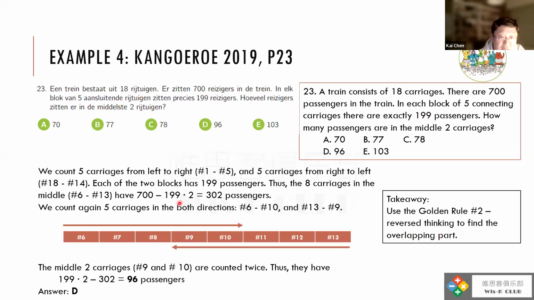So we're subtracting the 2 blocks, first and the last, out of the 700 people. So 700 minus 2 times 199 gives 302. So in the middle part, from the 6th to the 13th, the middle 8 carriages, the number of passengers is 302.